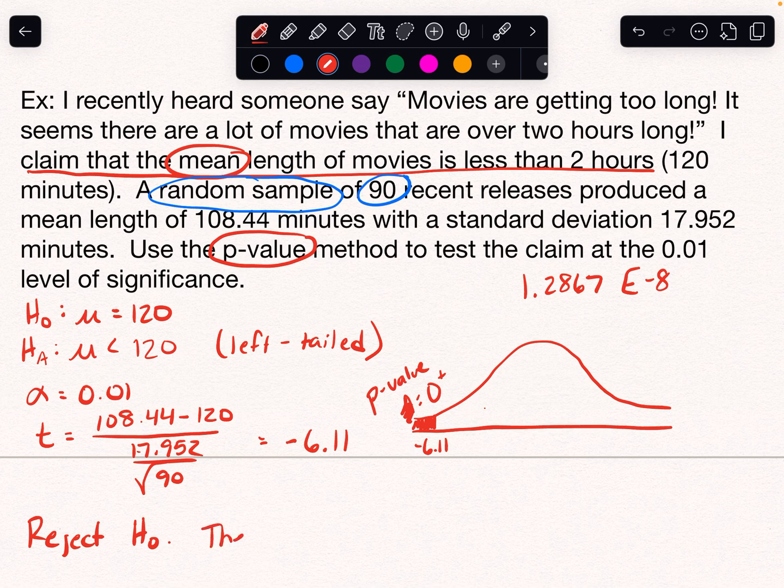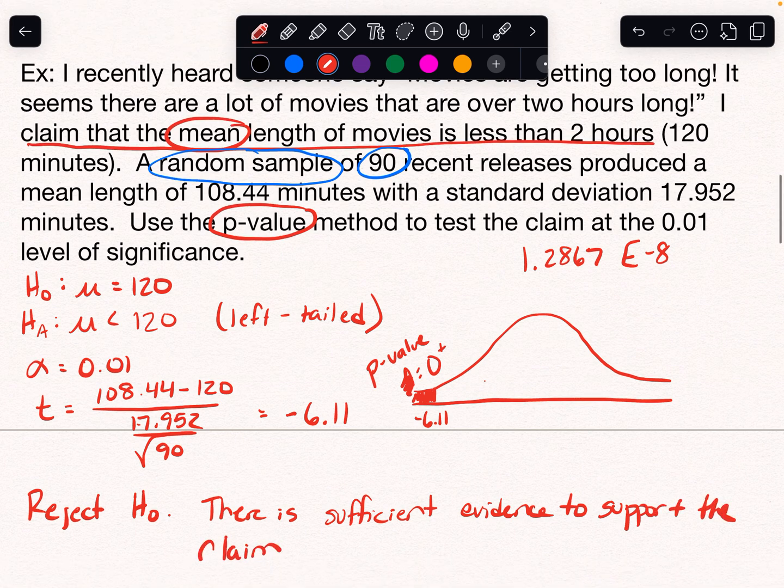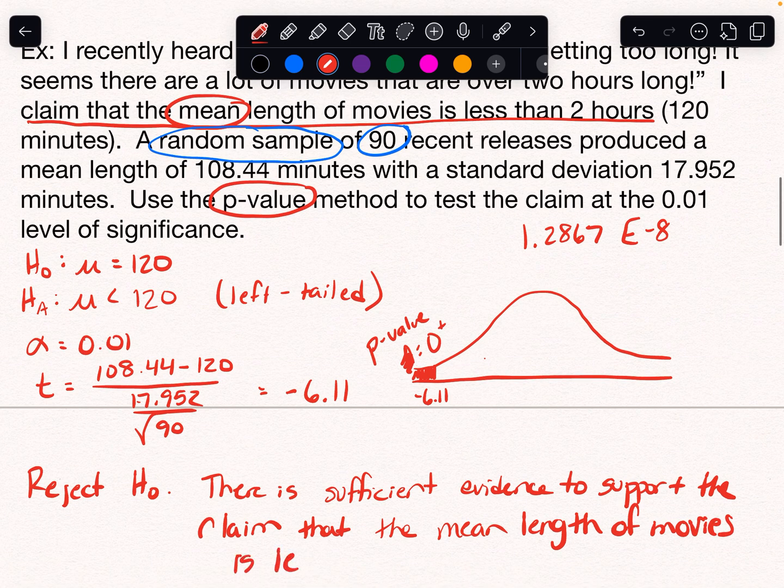So we would say there is sufficient evidence to support the claim that the mean length of movies is less than 2 hours. Not too shabby. Which makes sense.